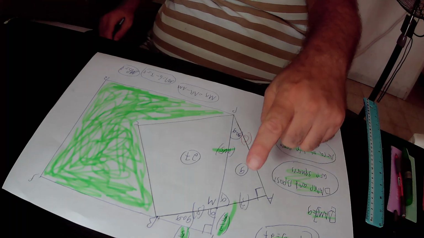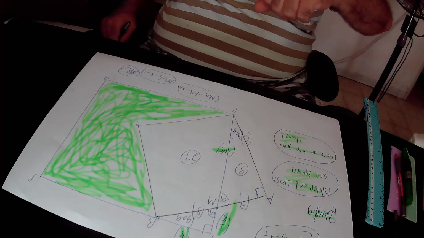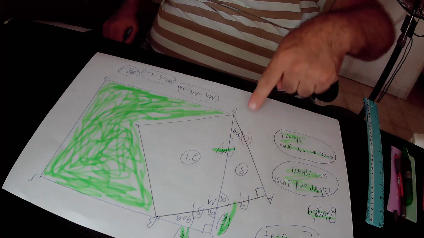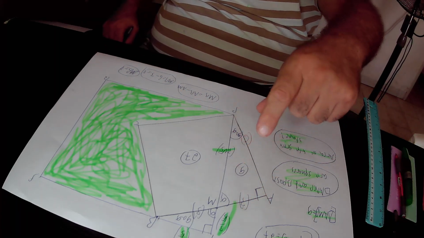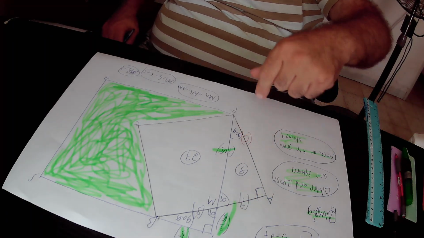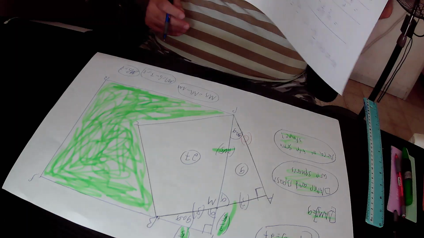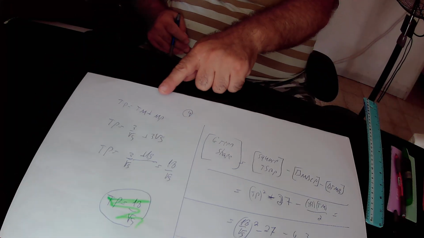What is the length of side TP of the big square TSQP? TP equals TM plus MP.